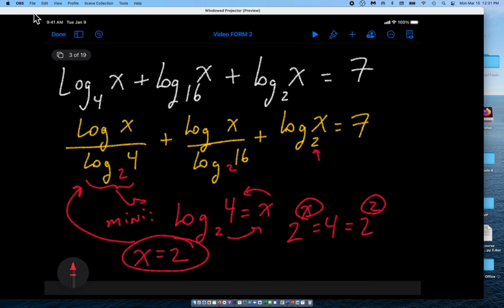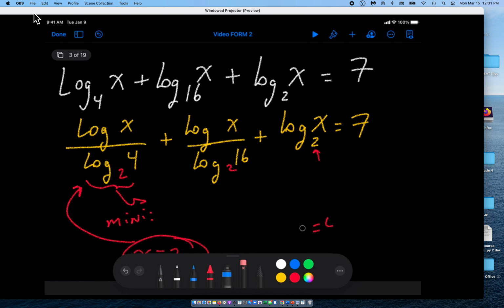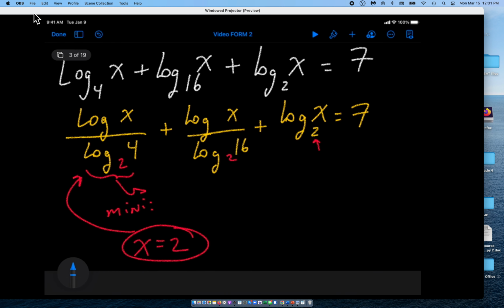I'm going to do the same little miniature equation for the denominator of the next term. Okay, let's do this in a different color. So log to the base 2 of 16 equals x. 2 to the x equals 16. x equals 4.